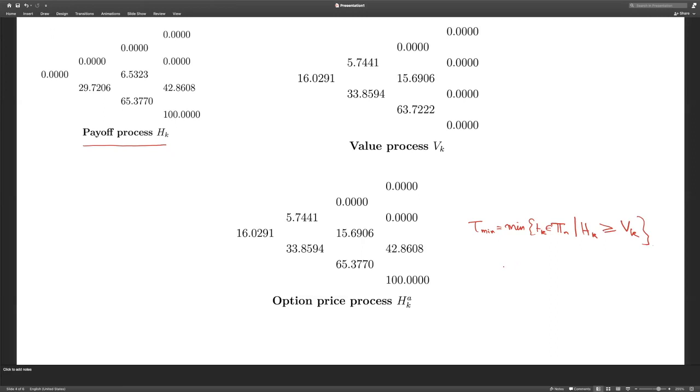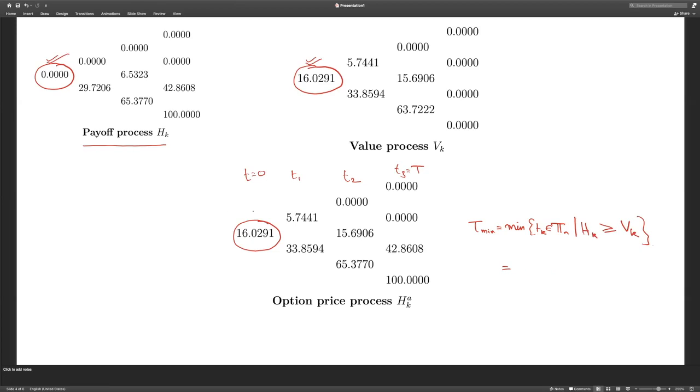So in our case, let's go from t equal to 0 to capital T. The value at t equal to 0 is obtained as the maximum of the payoff and the value. You can see that the value was greater than the payoff.